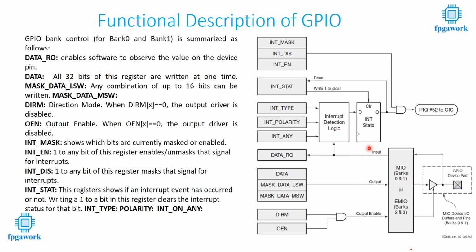Yeah, so these are the basic registers to configure GPIO. GPIO can be configured as interrupt, or they can be configured as normal input and output. If you want to configure them as normal input and output, you will be playing with these registers only.